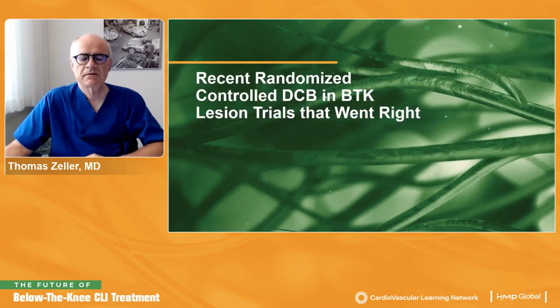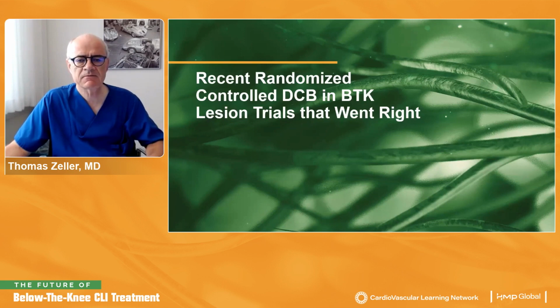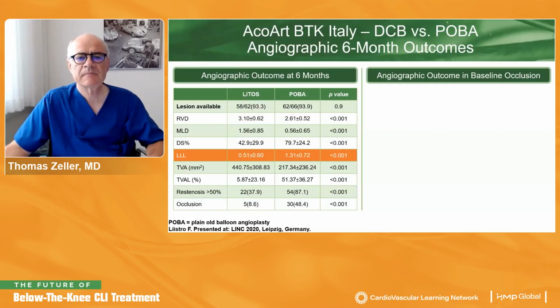So what new data do we have which tell us that paclitaxel-coated drug-coated balloons may be effective below the knee? The first one is the so-called ACRATEC BTK Italy study, a small single-center study again from Liistro, comparing about 120 lesions treated with either the Lightest drug-coated balloon with the anti-proliferative drug, which is paclitaxel again, and POBA as a control cohort.